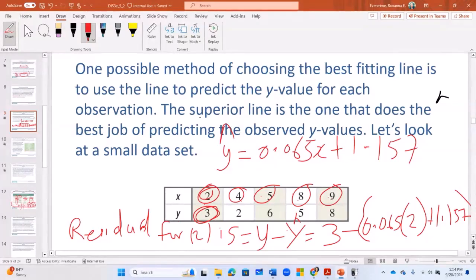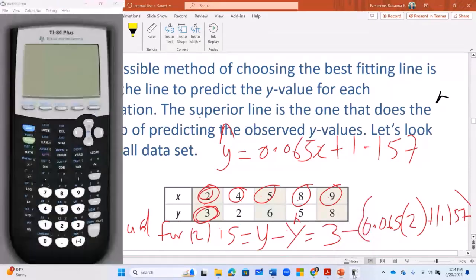So I'll get my calculator and get just the residual for 2. All right, so the corresponding value of 2 is 3.